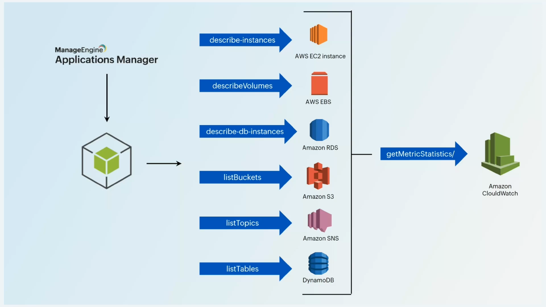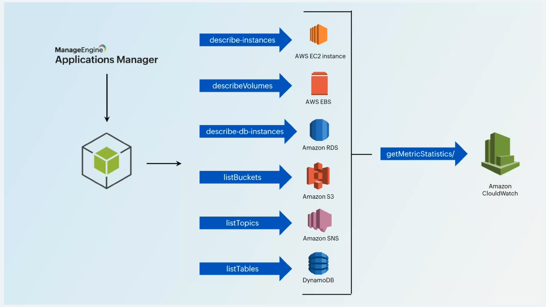Initially, Applications Manager integrates with AWS using the AWS SDK to fetch the key performance metrics. So it utilizes API calls like describe instances for EC2, describe volumes for EBS, and describe DB instances for RDS to retrieve the real-time status as well as the insights.